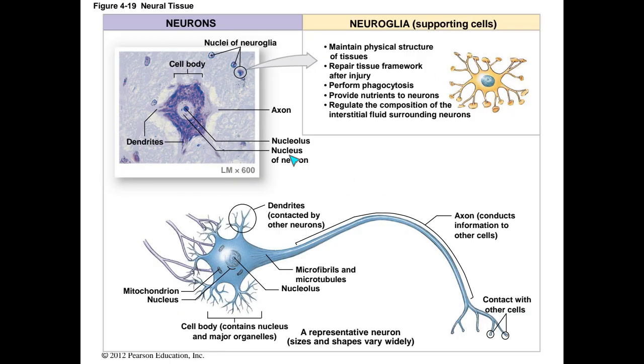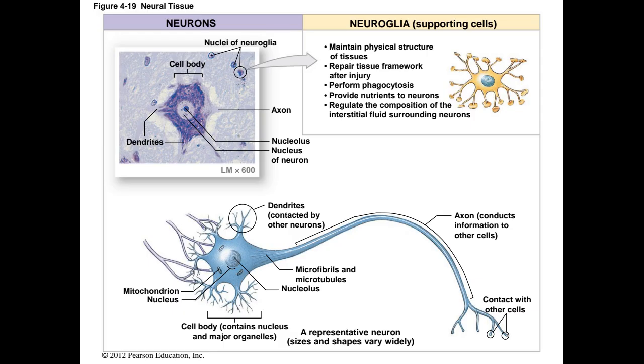This is the structure that I sketched on the board for lab. It's not any different in this picture, but the head part, like we said, is called the cell body, okay? So that would be this entire structure right here.